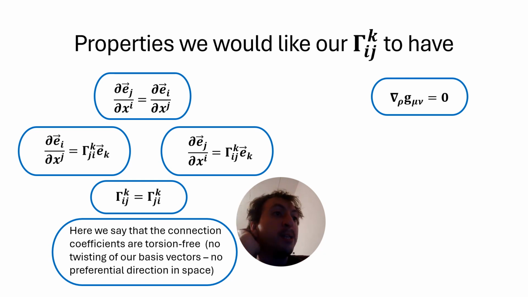The next criterion that we want our connection coefficients to have is that we want them to be metric compatible. Now, what does something being compatible with a metric mean? Well, it will mean that the metric can act on it as if that thing is a tensor.